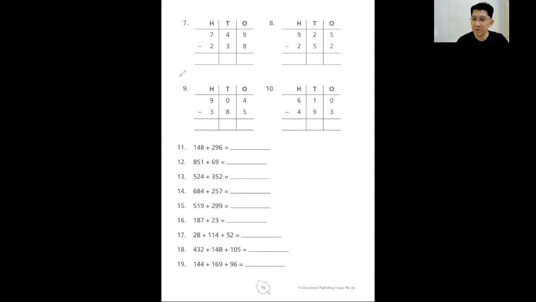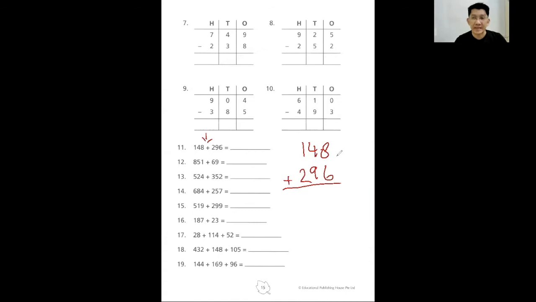As I said before, I'm going to write these numbers 148, 296. Okay, I'm going to fix my number 2 so that it looks good. And draw a line. And what operation is this? Okay, that's an addition operation.